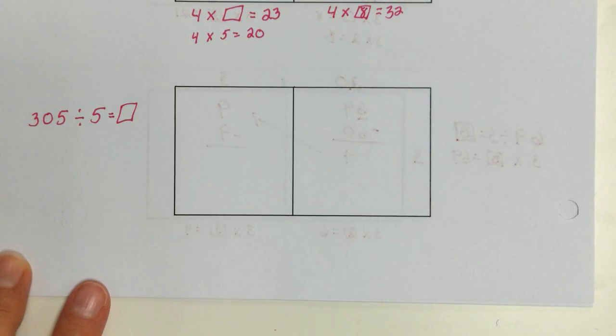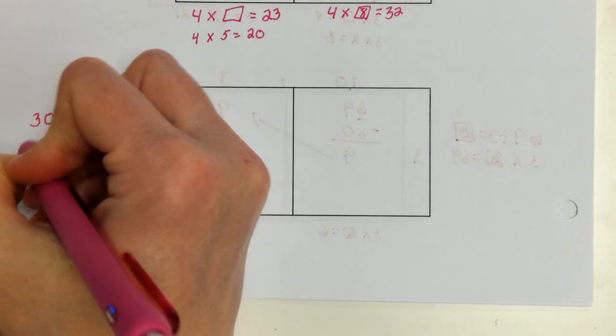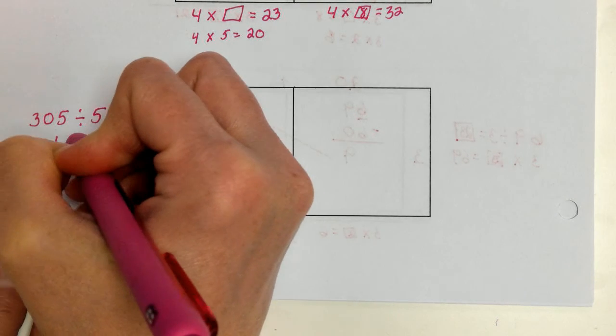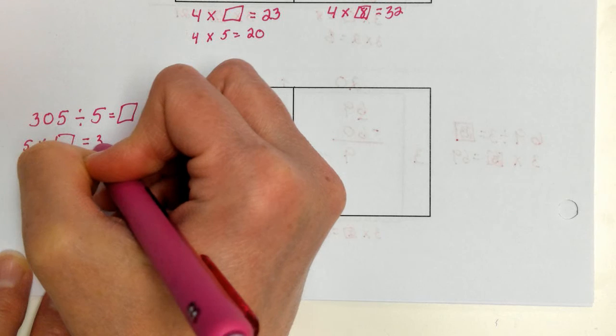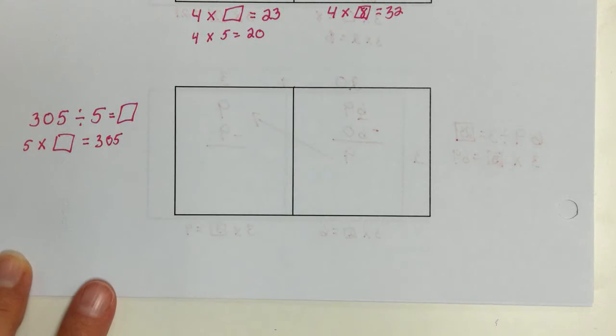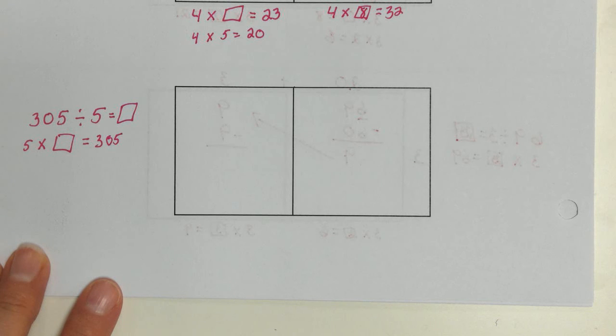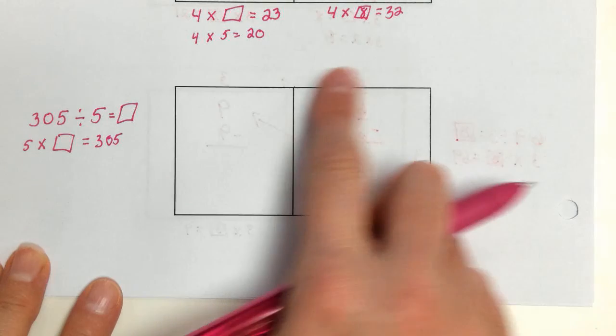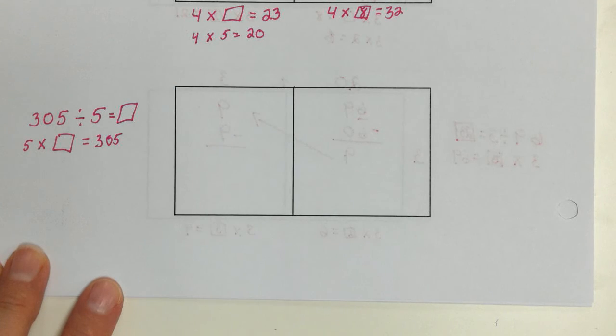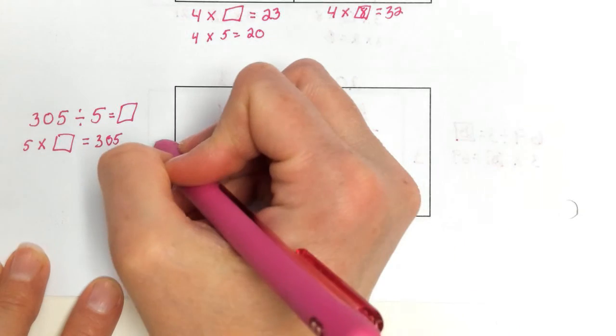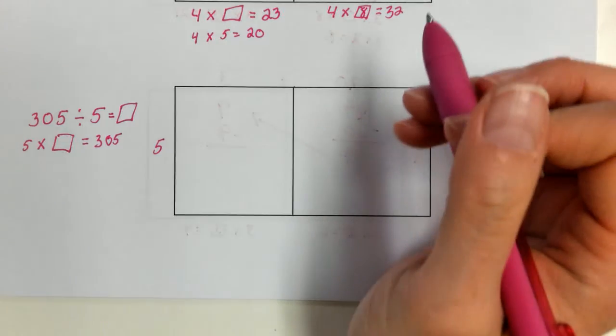Turn it into a multiplication problem. All right. Where does my 5 go? 5 doesn't go on the top. The top is my mystery number. 5 goes on the side. All right.